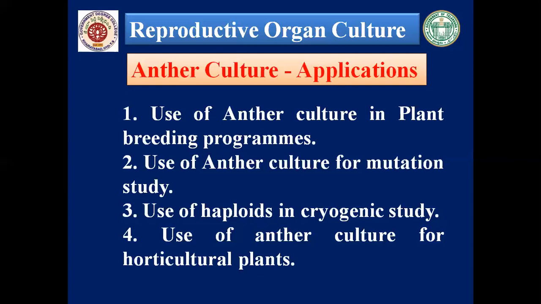And then we'll see what homozygous plants are and how we can develop homozygous fertile plants. That is colchicine, which we have seen. Next, another two important processes also we'll see. And next we'll see the significance of haploid plants. So this we'll see in detail in the next class.